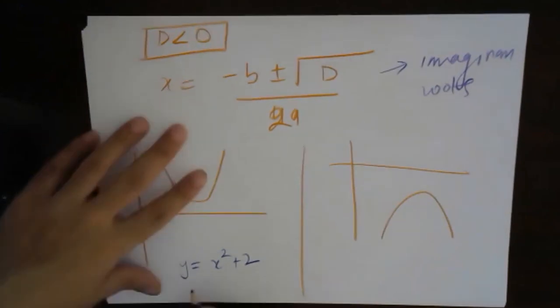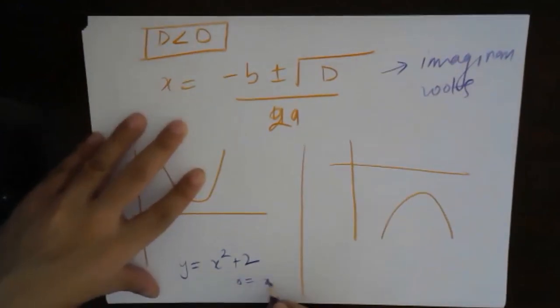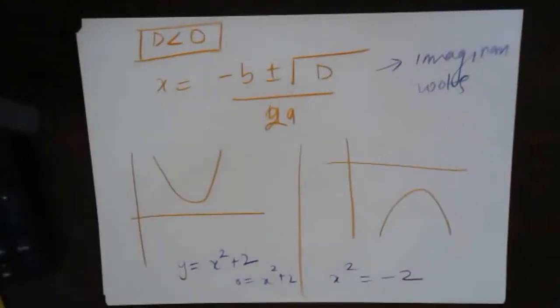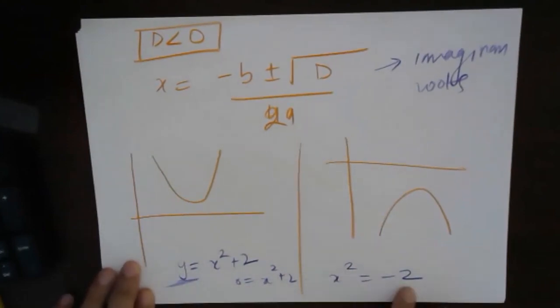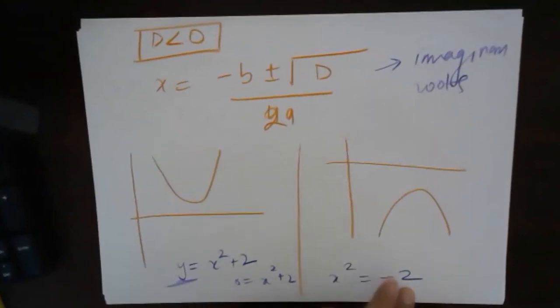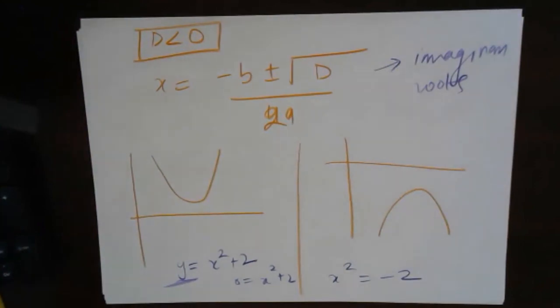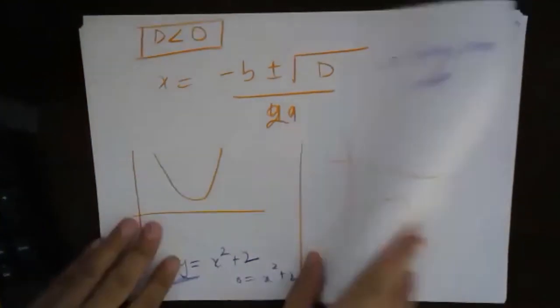So I assumed y is equal to 0, so 0 is equal to x square plus 2, and we got x square is equal to minus 2. Now, this was our assumption that y can be equal to 0, but our assumption is wrong. Why is it wrong? Because x square can never be negative. So that means something we did wrong. Understood, everyone? Everybody understood till here? Yes or no? Yes. Very good.